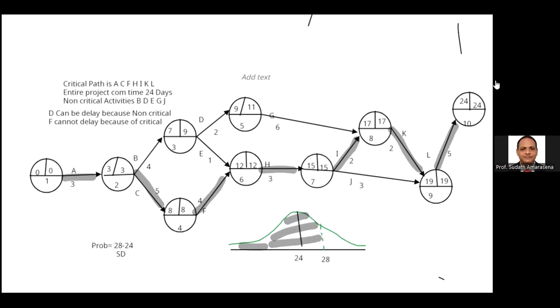After you get the total variance, the standard deviation is the square root of the total variance. Get the square root, then you can make the answer.